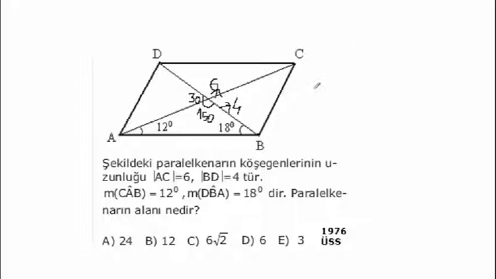So let's remember the sine theorem. The length of this diagonal, or let's call it x, times the length of this diagonal, divided by half, and times the sine of this angle.